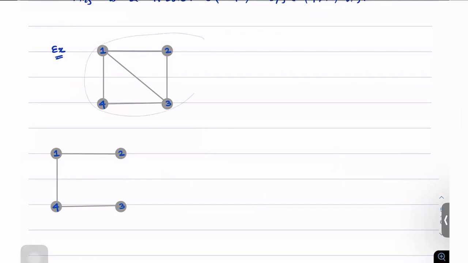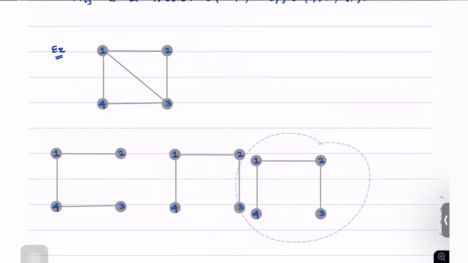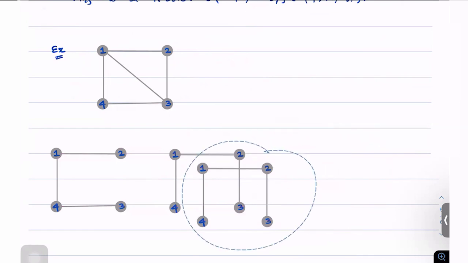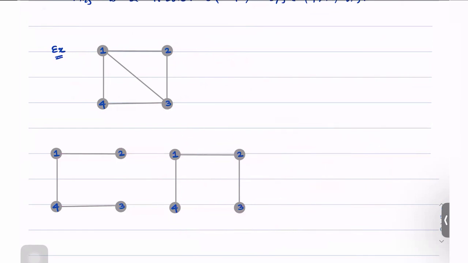Are there other spanning trees? Yes. Other spanning trees can be constructed in a very similar manner. We know that there can be 4 combinations of this variety. Let me copy the original one.